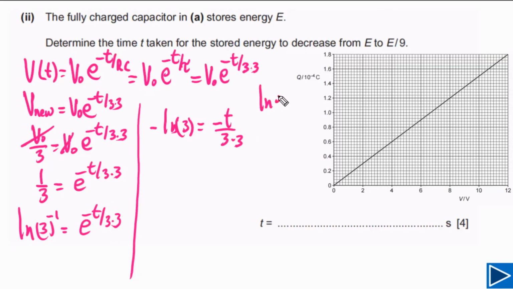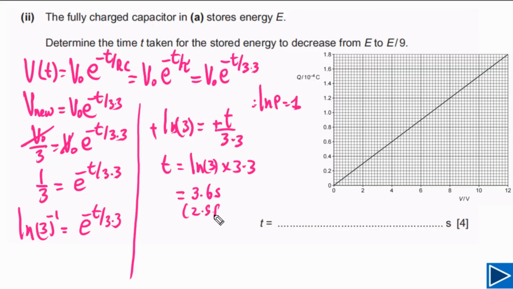So let me write here ln of e is equal to 1. So the negative we can cancel with the negative. So T from here is simply equal to ln of 3 multiplied with tau, and our final answer in this case will be 3.6 seconds up to 2 SF.